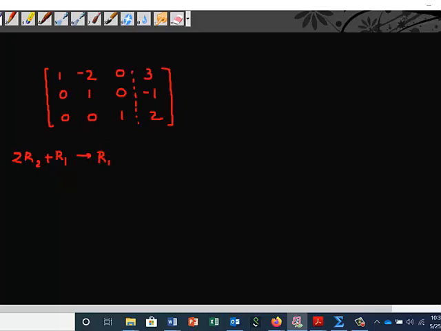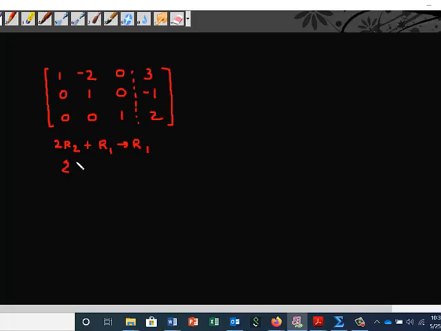Let's write that a little bit better. Let's write that over here. So row 2 multiplied by 2 plus row 1 added to row 1 to get the new row 1.